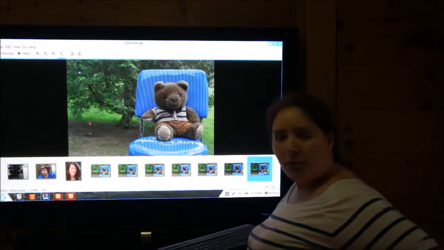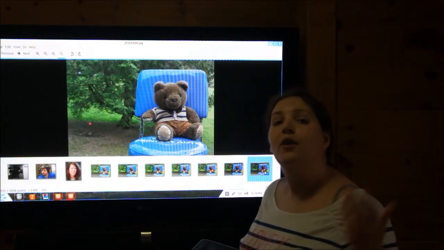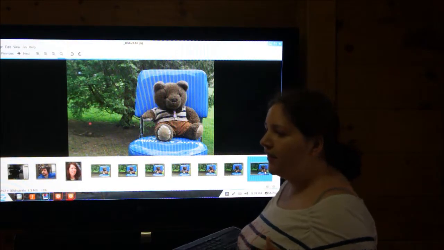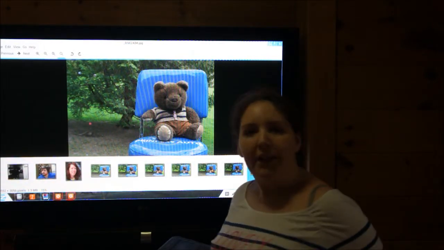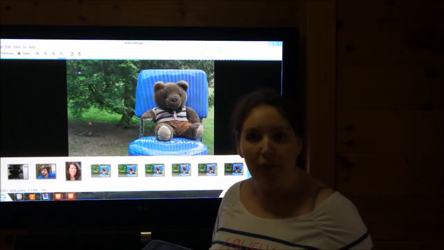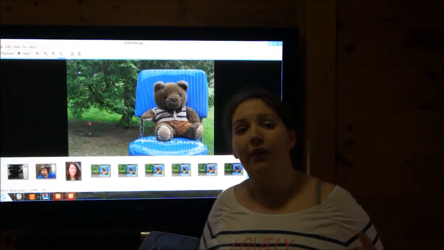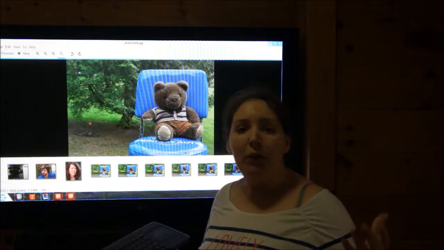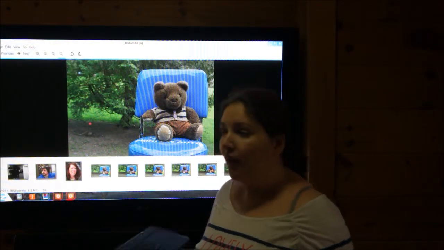Okay, so basically by applying those three things, I was able to come up with all these different shots with a different effect. This one in particular would be used, let's say you have a nice set of rings and you want to display them in a catalogue, and you're taking a photograph of them to put in your catalogue. You would probably use a higher f-stop or aperture so that everything would be nice and clear and crisp, and it would look like a pretty picture.